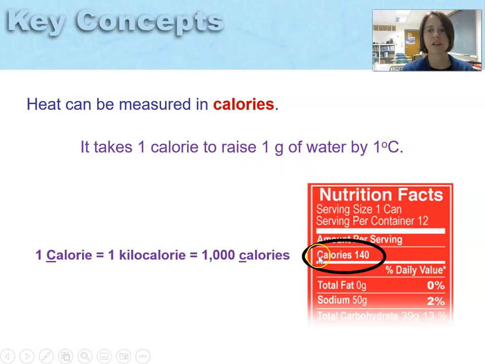So if something is 140 Calories, it's actually 140,000 regular calories. So you could heat 140,000 grams of water 1 degree Celsius, or some other variation of that.